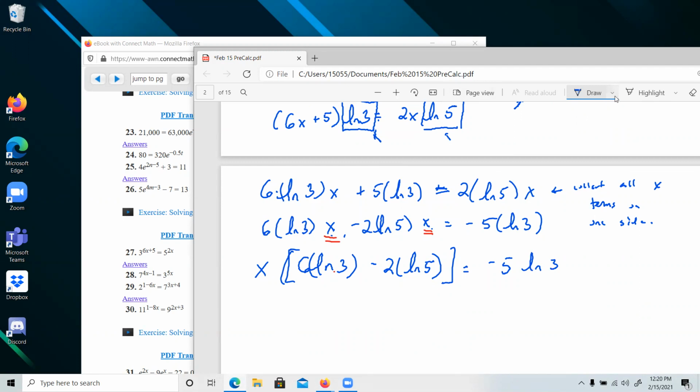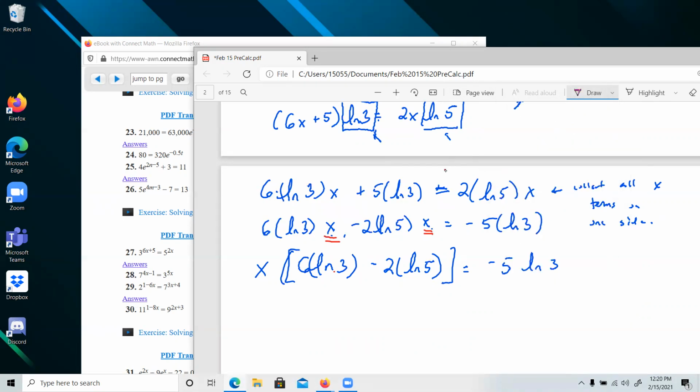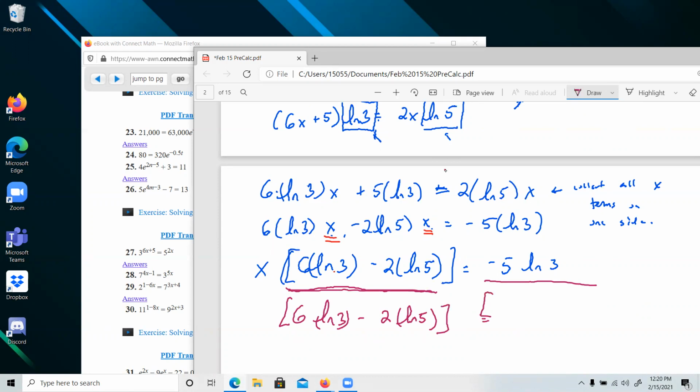We're just going to take this whole mess here and divide by it, both sides. So we're just going to say 6 ln 3 minus 2 ln 5, and I don't have to do an equal sign, it's just the bottom.